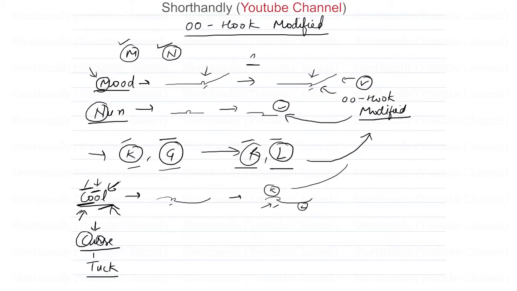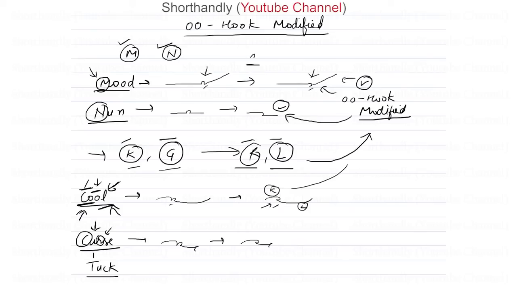We have this R also, so here also we will be making this hook modified. So instead of making the curse word like this, we can make the curse word simply like this.